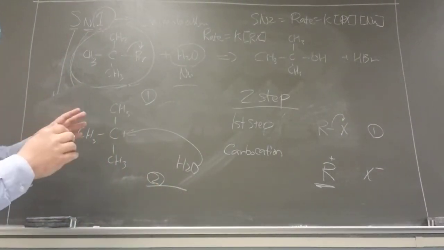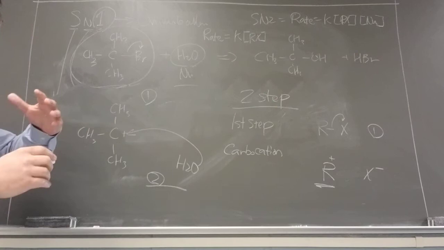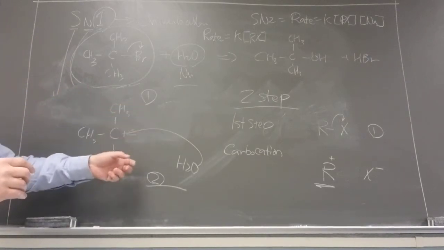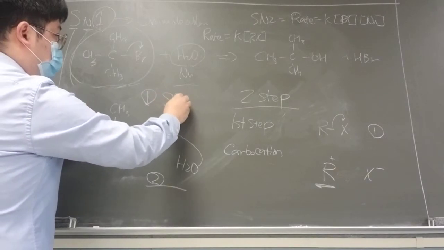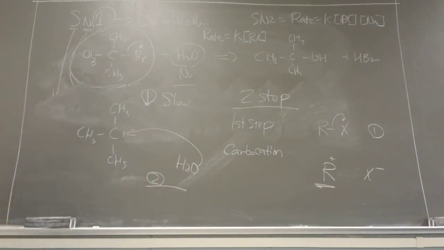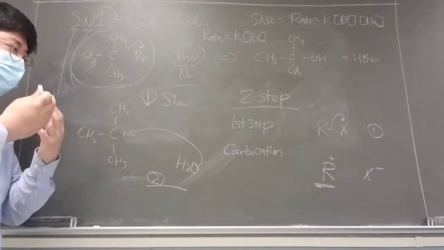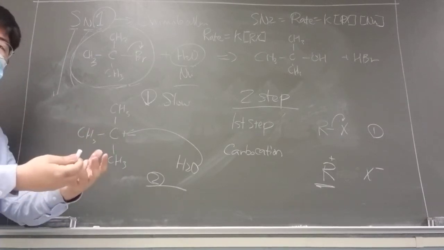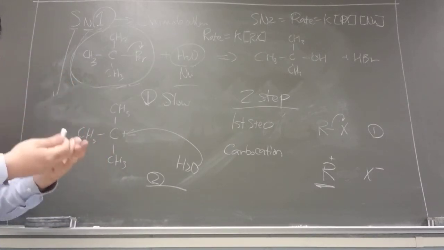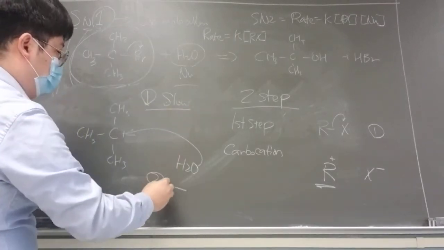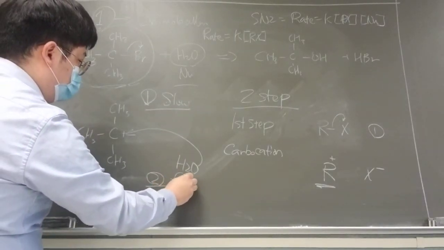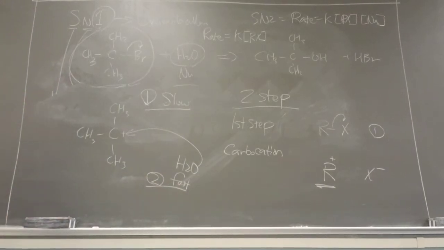The thing was, when scientists tried to measure the speed of these 2-step reactions, the first step was very slow. Making this compound lose the leaving group so it can become the carbocation form was quite a slow step. But the second step was really fast, almost 1,000,000 times faster than the first one.